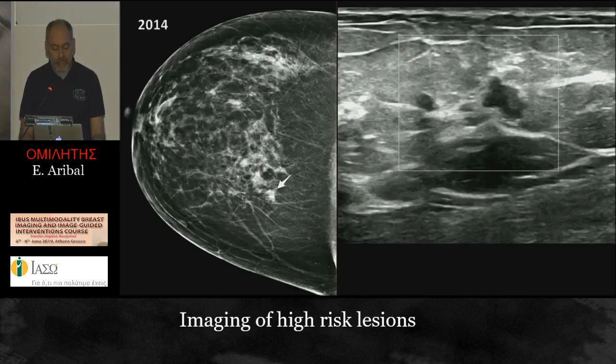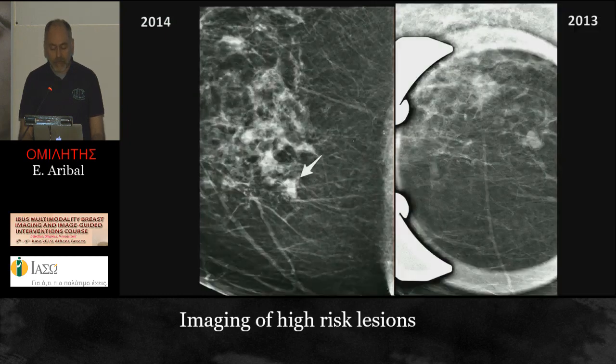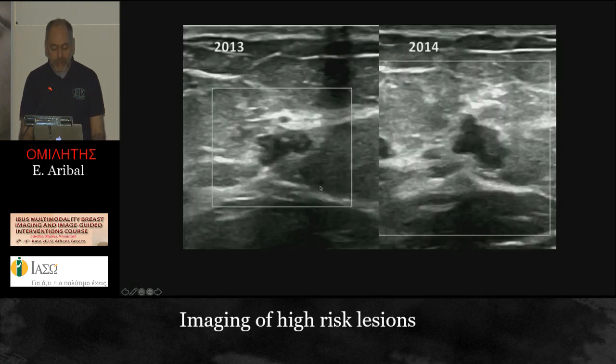It's not a very dangerous lesion, but the next year it was larger than before. When we compared 2013 with 2014, it was a little bit larger. Here are both ultrasound images: it still doesn't have any vessels on Doppler imaging, but it's larger and it has more than 3 undulations.